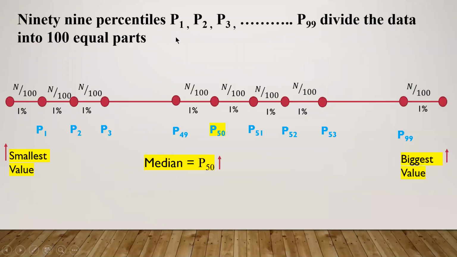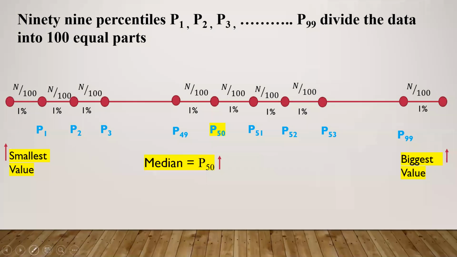Now I have shown this with the help of the diagram. The similar type of diagram I have also given you when we were doing median, quartiles, and deciles. Look at this diagram. I have arranged this data from smallest to biggest, that means in increasing order.